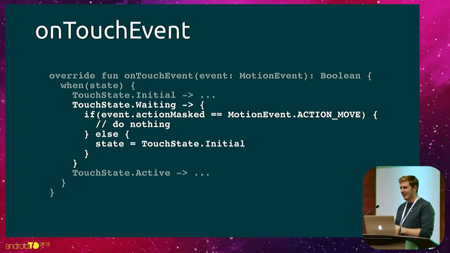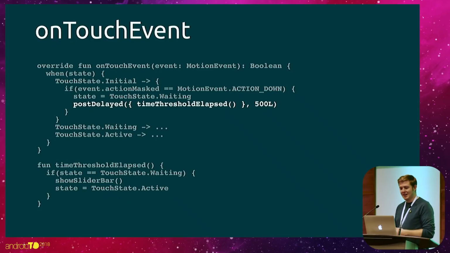Really, all you're doing is, if you see events that indicate that the gesture has been canceled, like an up or a cancel event, that means the user moved their finger off, so we'll just cancel the thing. Otherwise, if we just see movements, that probably just means their finger is moving around, so we'll ignore it. At this point, hopefully the finger is still down. We get our callback scheduled. We check the state. If it's still waiting, we show the slider and move things forward to active.